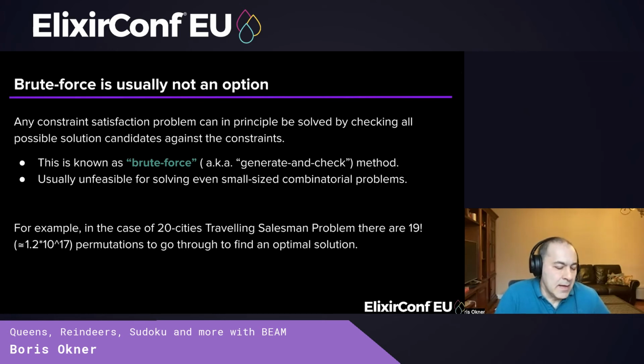It does much better than that. In principle, we can enumerate all solution candidates and check them against the constraints, but it could be a disaster for even small-sized combinatorial problems.